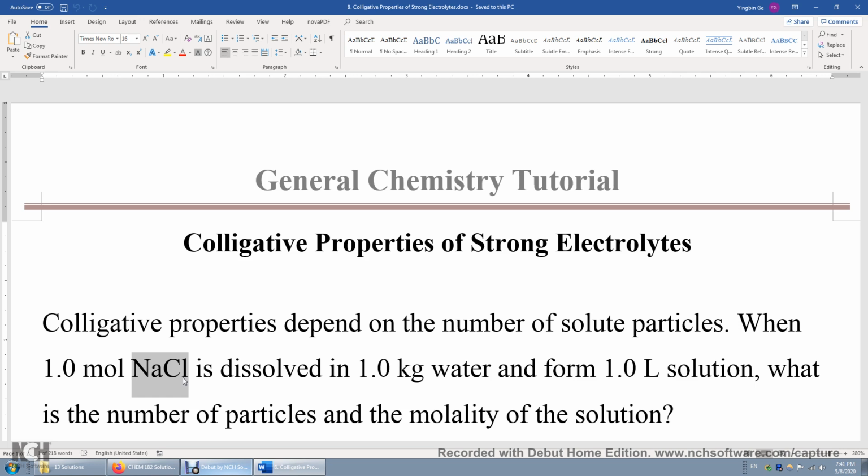In that case, if you add 1 mole of aluminum chloride into 9 moles of water, on top you still have 9 moles of water, but on the bottom it's going to be 9 plus 4. You get 13 moles of particles: 9 moles water molecules, 1 mole aluminum, and 3 moles of chloride. So 9 over 13. 9 over 13 is a little bit lower than 0.7.